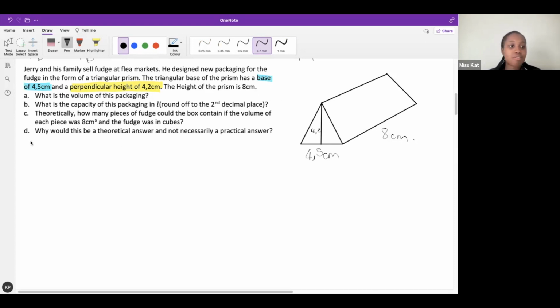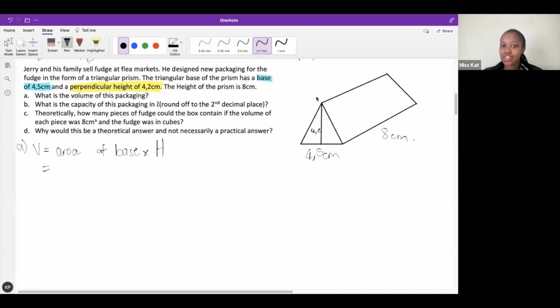Who remembers the formula for volume? Area of base times big height. What's my base in this case, guys? No, I mean the shape. Remember, area of the base means the area of the shape that is at the base of the prism.